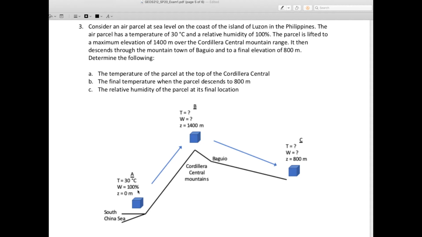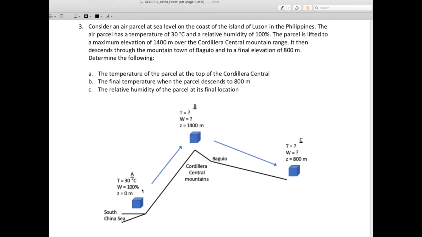Because the parcel is already saturated, as it's lifted up and over the Cordillera Central Mountains in the Philippines, it will be subjected to the moist adiabatic lapse rate. So unlike the problem in the class and in the lab that you saw, there's no need to figure out the lifted condensation level of this parcel.